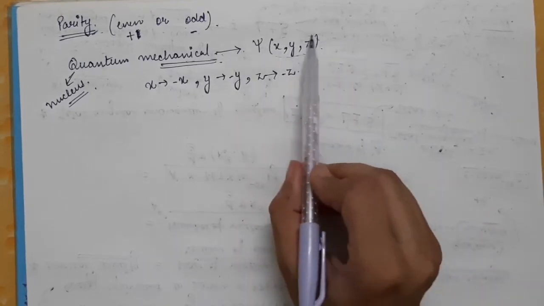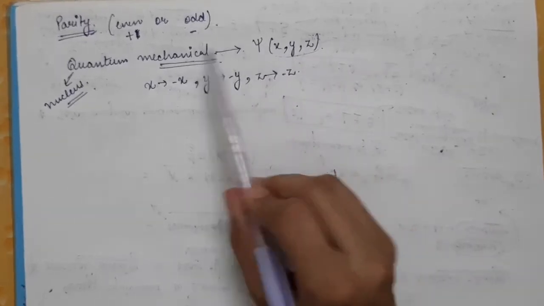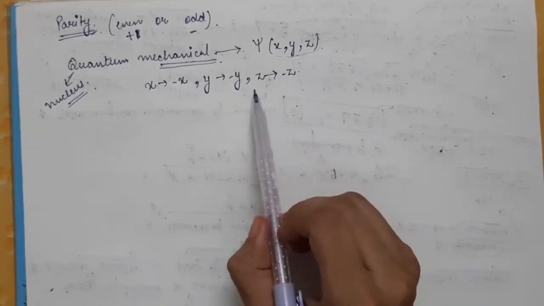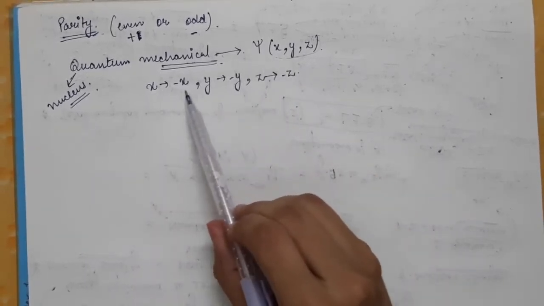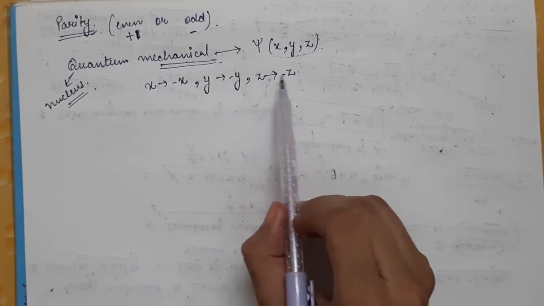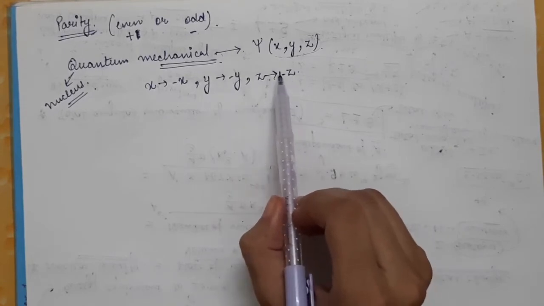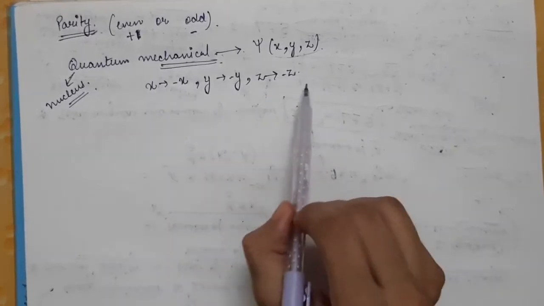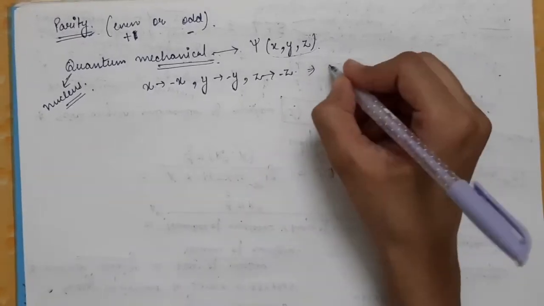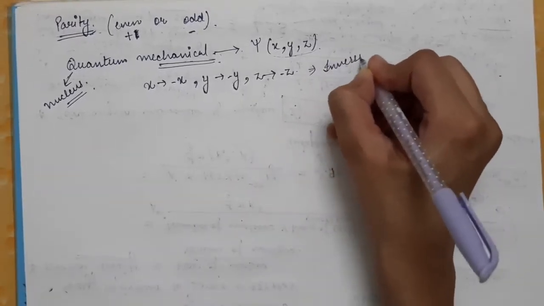Now the coordinates of this wave function of the nucleus are inversed, meaning x is changed to minus x, y is changed to minus y, and z is changed to minus z. This is called inversion of coordinates.